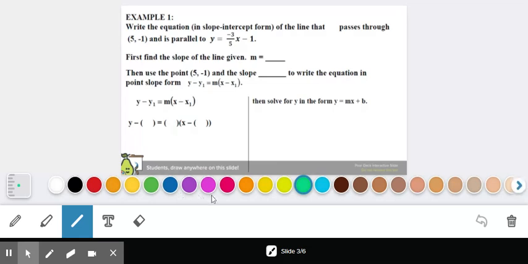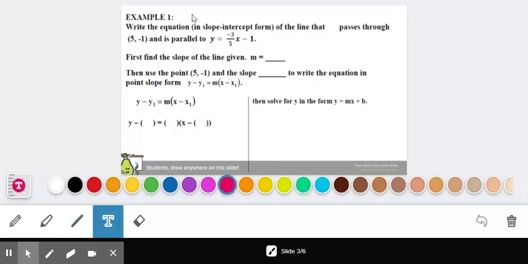Just like we do in English when we annotate and write down what we know, we're going to do the same thing here. First off, I know that slope-intercept form is y equals mx plus b. Put that right there.